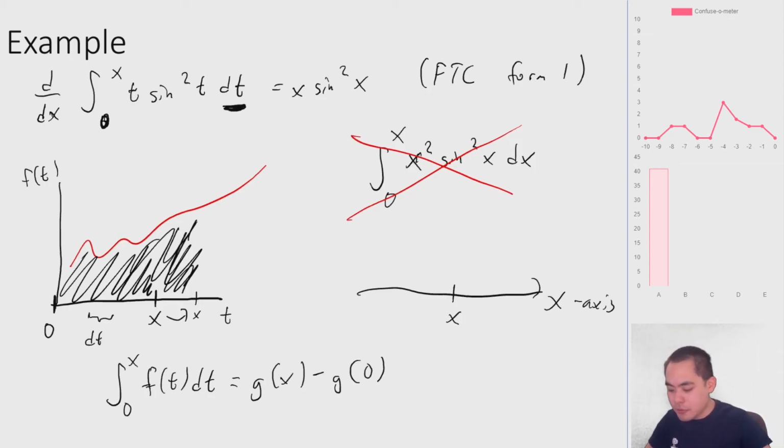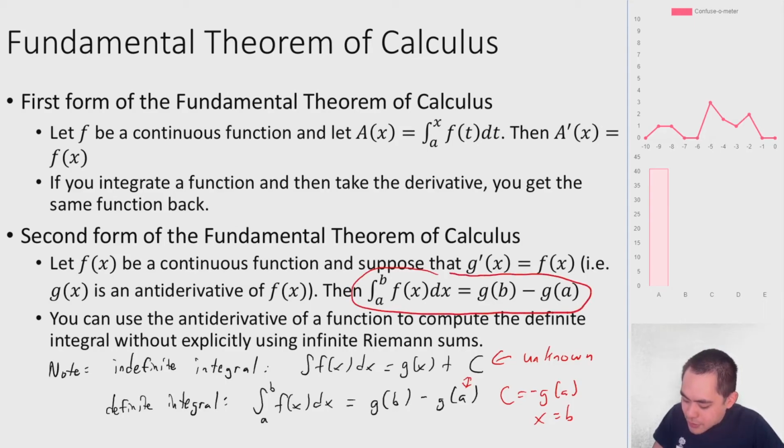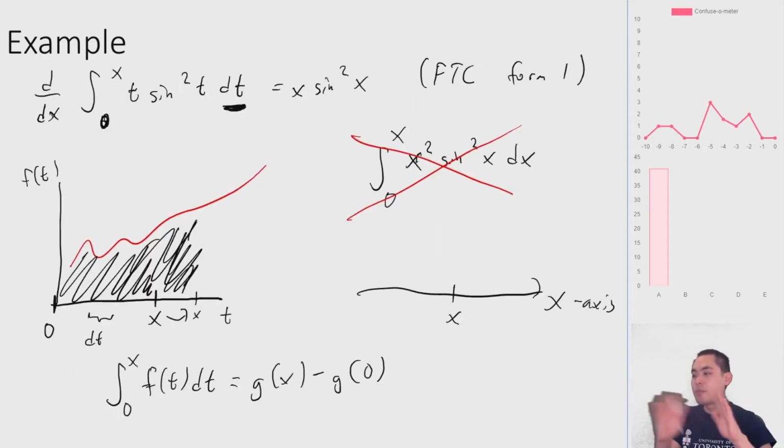That is by the second form of the fundamental theorem of calculus. When you take this, you substitute in whatever the limits are. Here they were a and b, but you can use the variables however you want, and here they were 0 and x. So you end up with g of x minus g of 0.